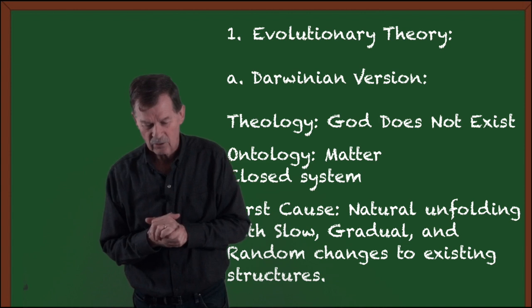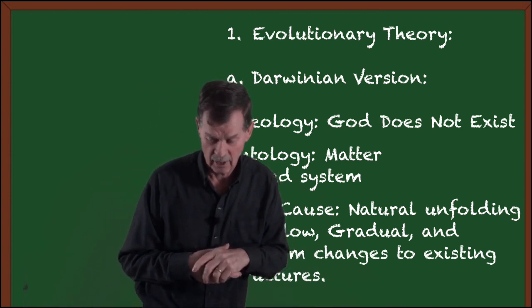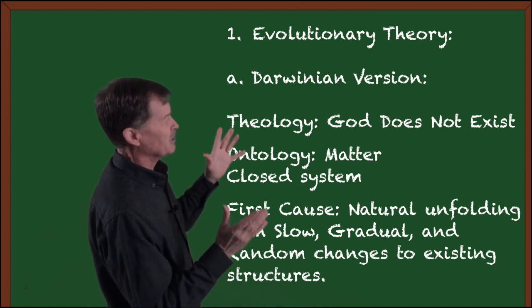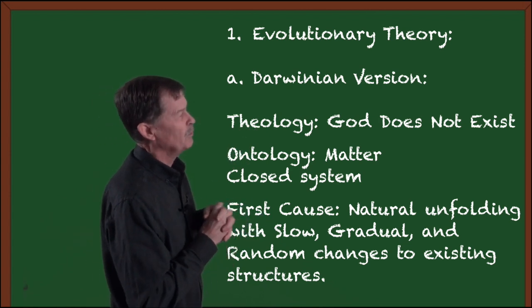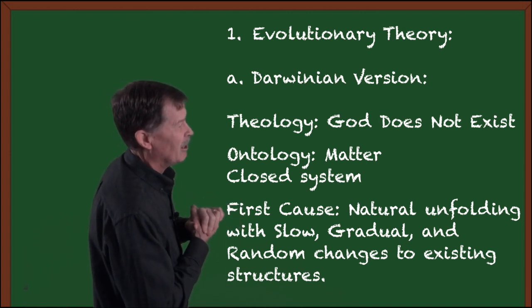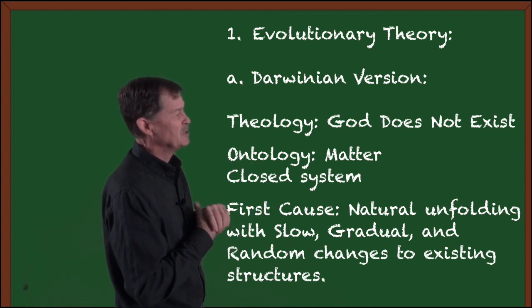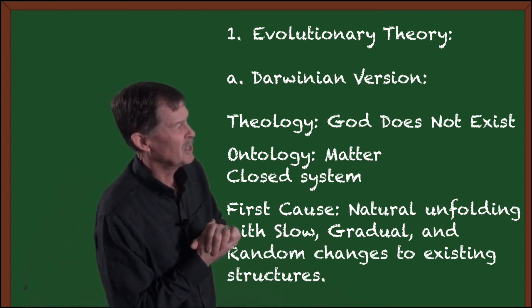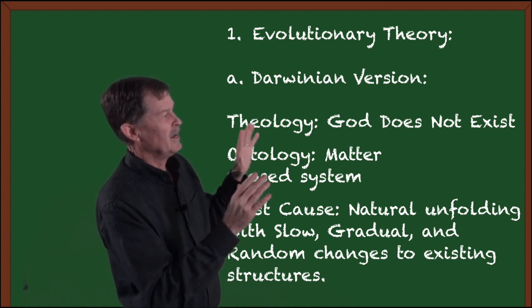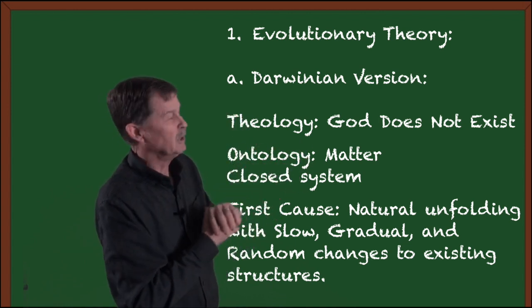Now we're going to look at the Darwinian version of the evolutionary theory. Their theology: God does not exist. Their own flavor does not change the theology. Ontology: matter is the basis of all that exists, and it's in a closed system. So even for Darwinism, that does not change their core beliefs.